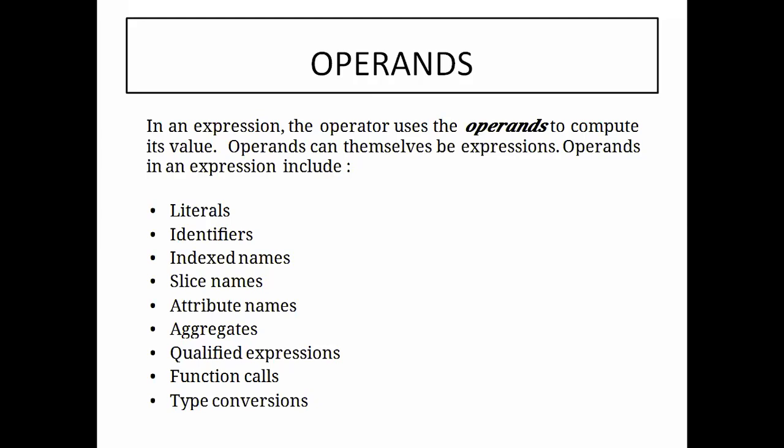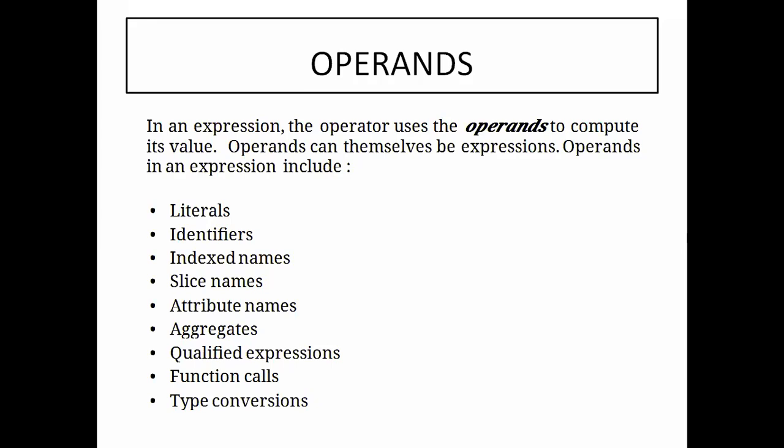You have literals, then you have identifiers, right? Then you have indexed names, then you have attribute names, aggregates, qualified expression, function call, type conversions, right? So these are the different operands that we can use in VHDL language.